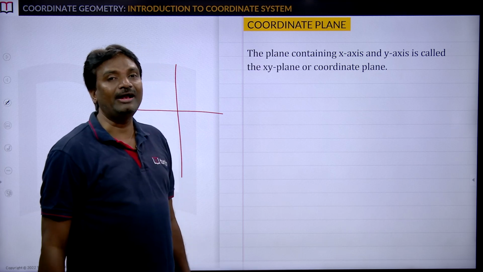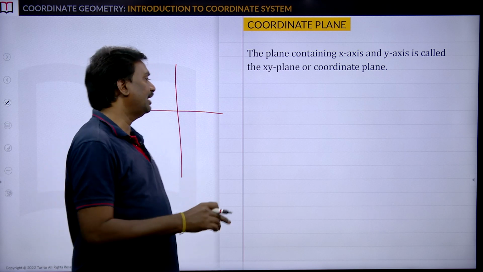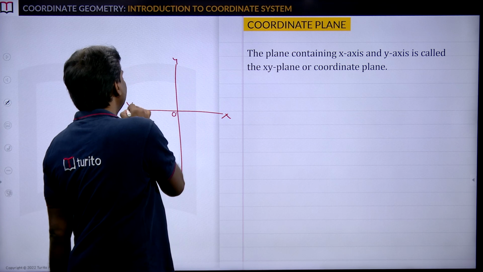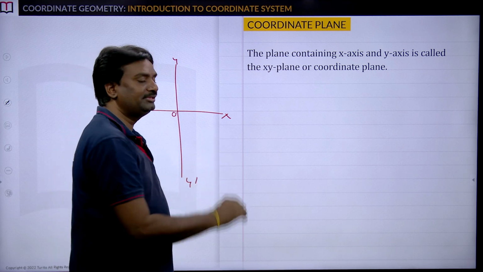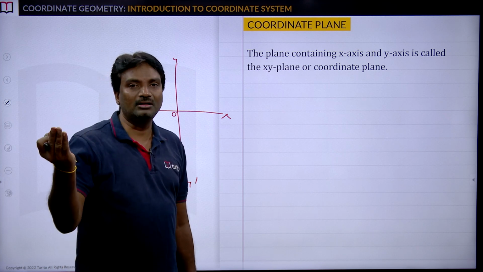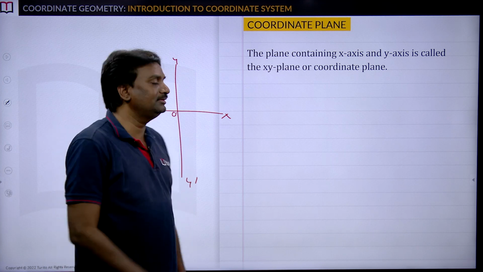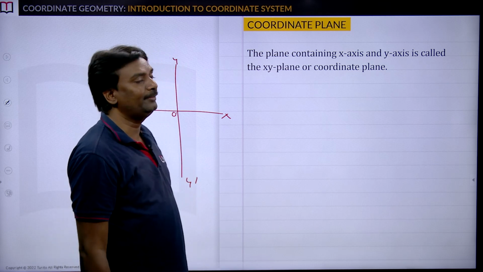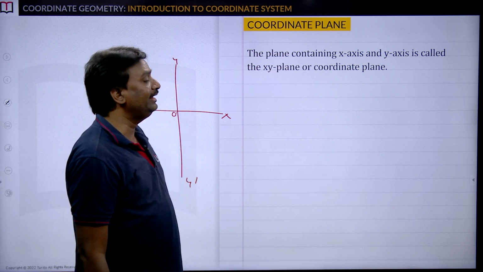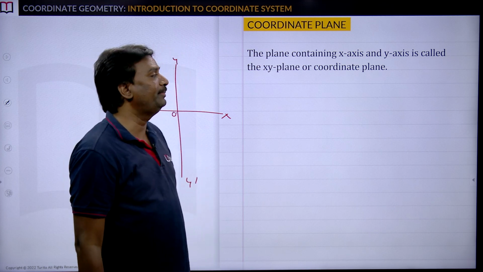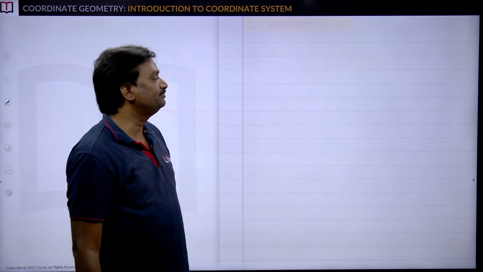On the white paper, if we take the x-axis and y-axis like this, then we can say that paper is a coordinate plane. On the wall, if we take the x-axis and y-axis like this, then we can say that the wall is also a coordinate plane. The plane containing the x-axis and y-axis is called the xy plane or coordinate plane.